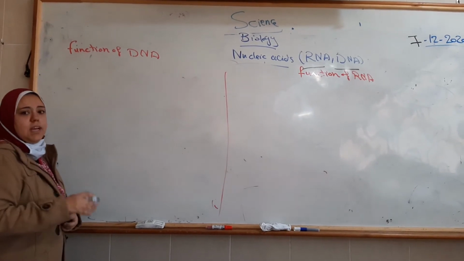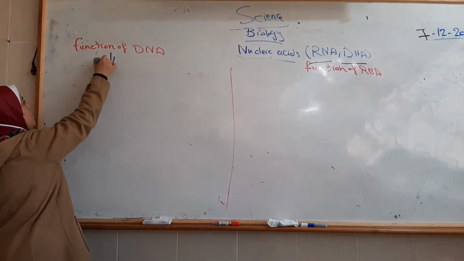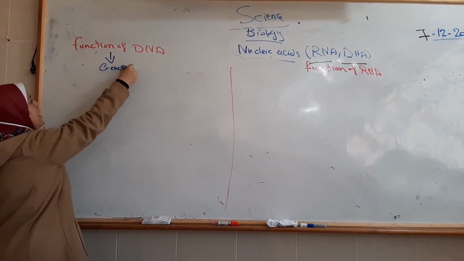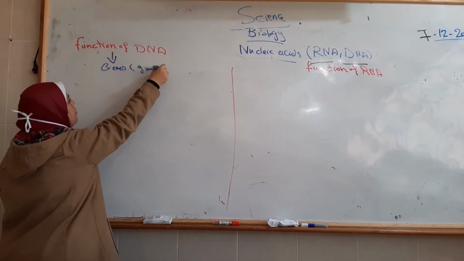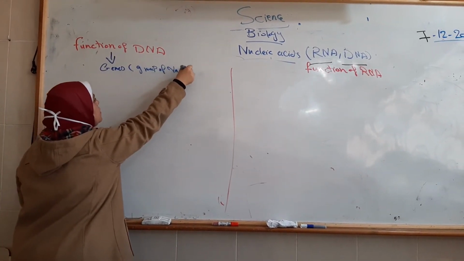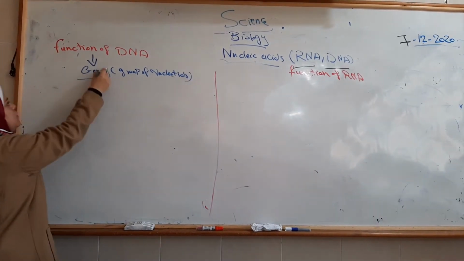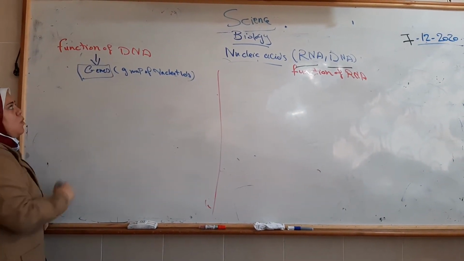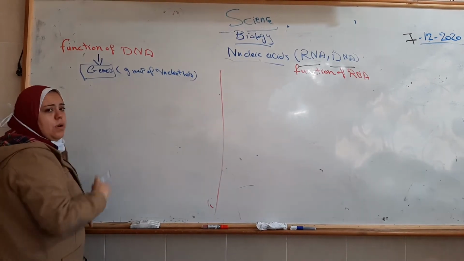Function of DNA. DNA consists of genes. Each group of nucleotides consists of genes, so a gene is a group of nucleotides.